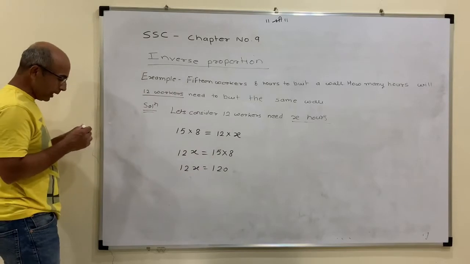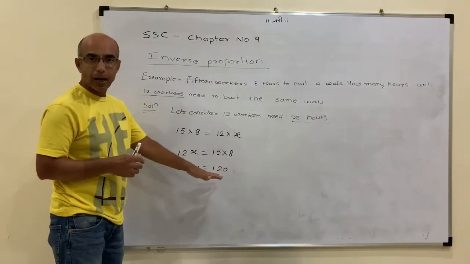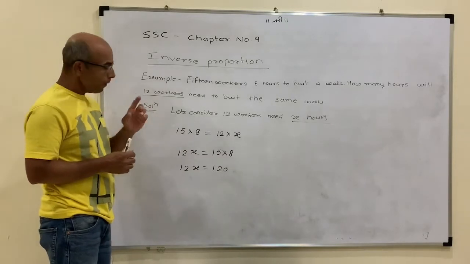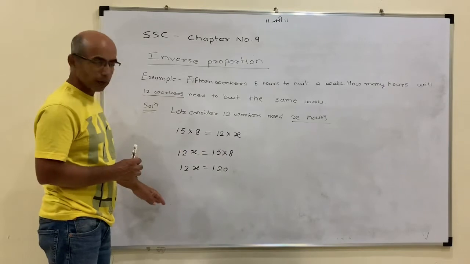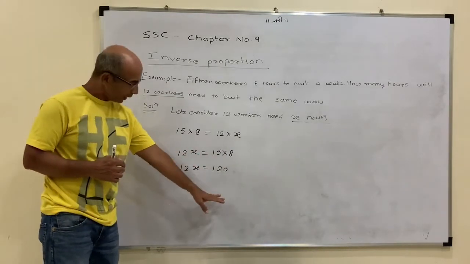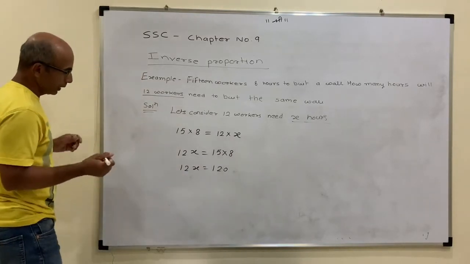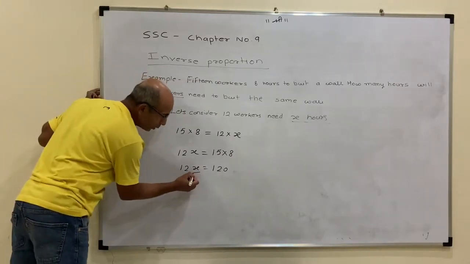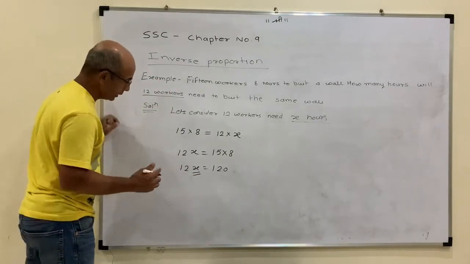As I mentioned again and again, you need to know tables from 2 to 30 to speed up solving these kinds of problems. So 15 eights are 120. So now 12x equals 120. Now again I need to find the value of x. I need to isolate this x.